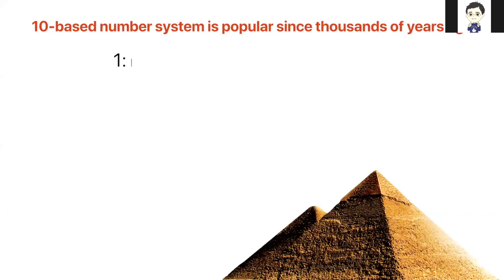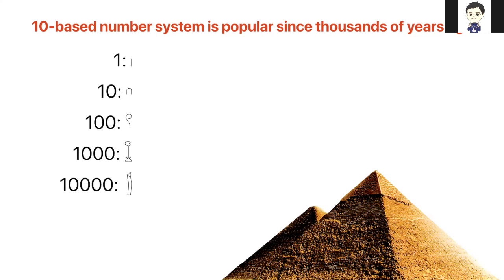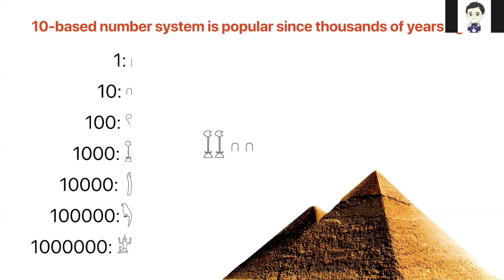You can see this means 1, this is 10, this is 100, and this is 1,000. This is 10,000, this is 100,000, and this is 1,000,000. So if you see a number like this, it means 2020. That's the Egyptian number system.